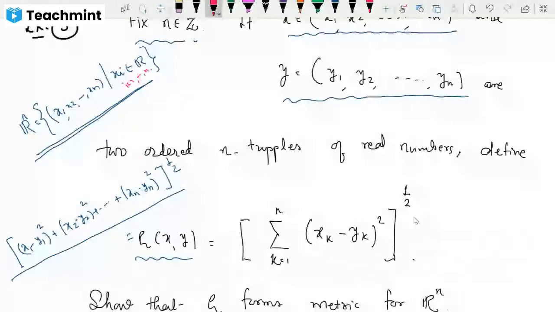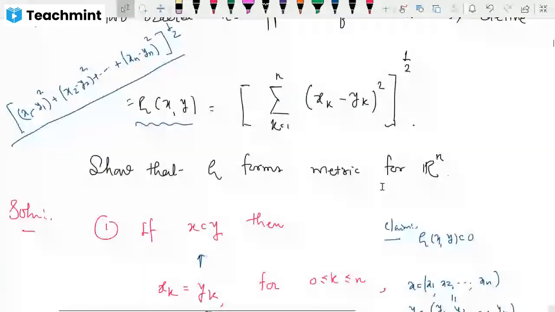If you take k equal to 2, you get (x2 minus y2) squared, plus up to, if you take k equal to n, (xn minus yn) squared, and the whole to the power half. So this is in summation form, and if you split it term-wise, it will be like this.